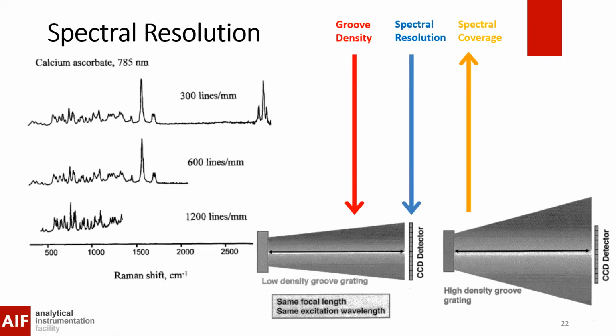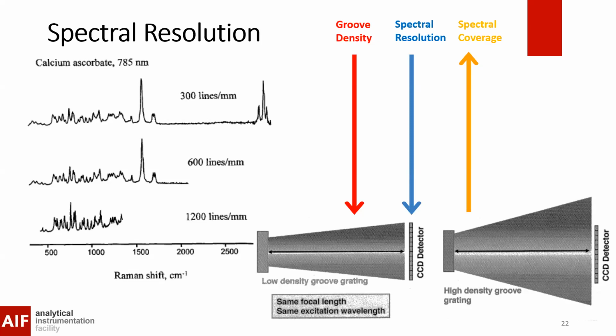And now let's take a look at the relationship between the spectral resolution and spectral coverage with the different factors using a few examples. Here shows how spectral resolution changes with grooving density at the same focal length and excitation energy.